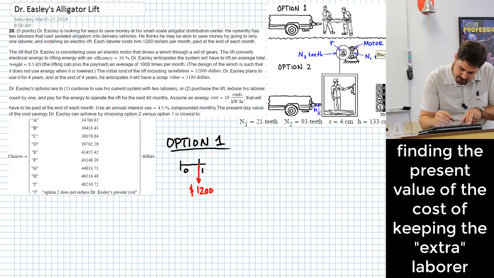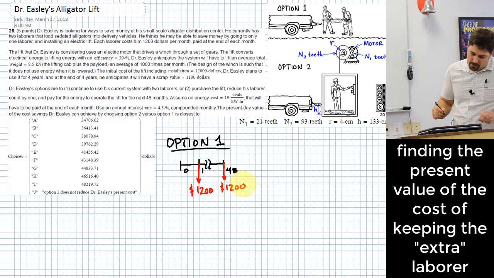Does anything else change? Okay, looks to me like that's going to be the cost that we evaluate for option 1. So we go all the way out to month what? At the end of 4 years, 48. And we have this $1,200 cost at that time too.